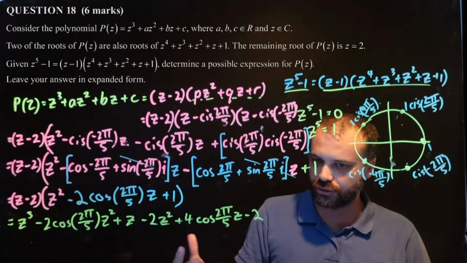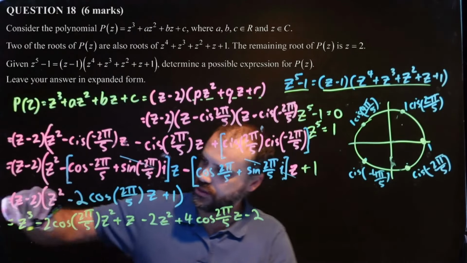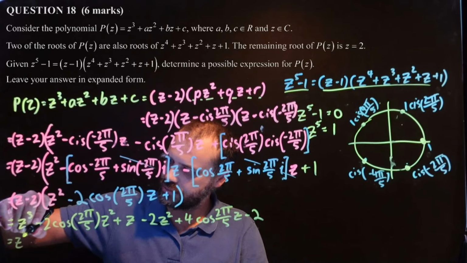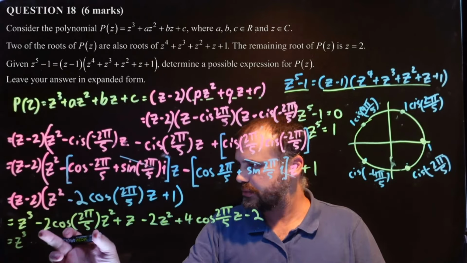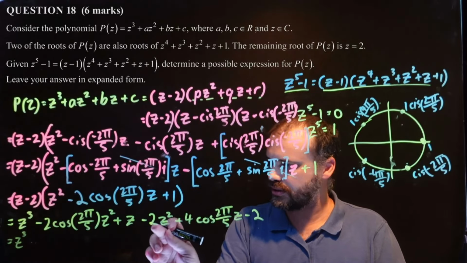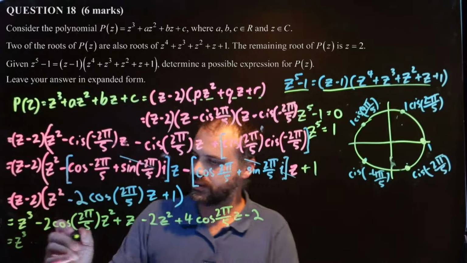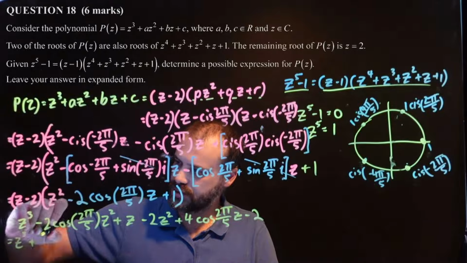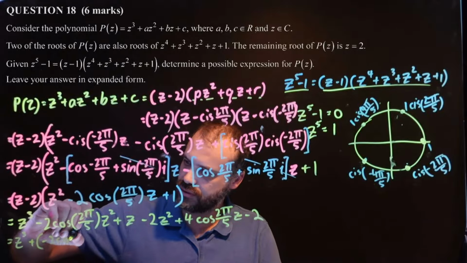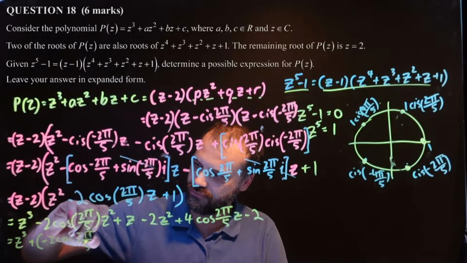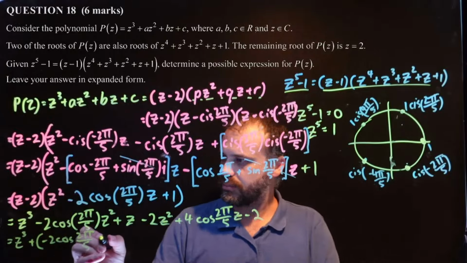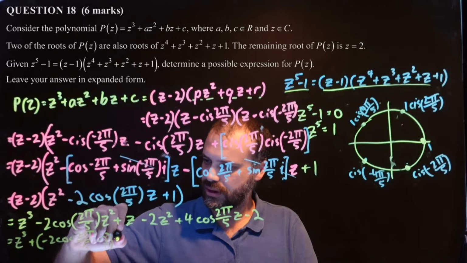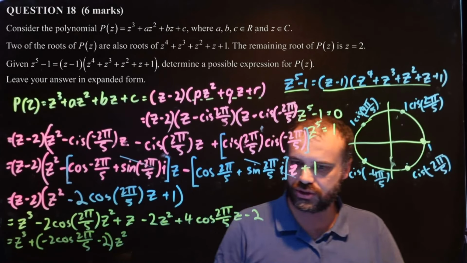Now I need to group like terms. So I'm still going to have a z cubed there. That's fine. Now, negative 2 cos 2 pi on 5 z squared, and then I've got this negative 2 z squared as well. So I can group them into a single term. Let's do that. So plus negative 2 cos 2 pi on 5 minus 2, and all of that is our z squared term.